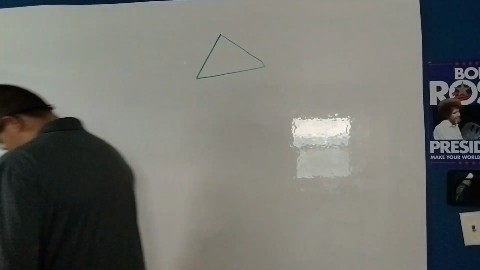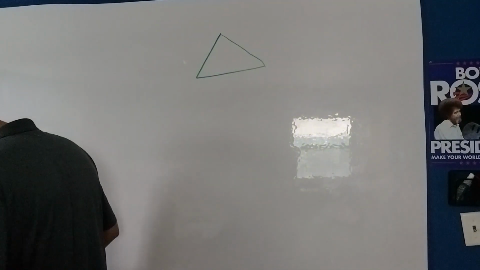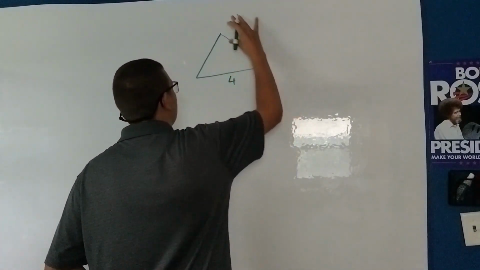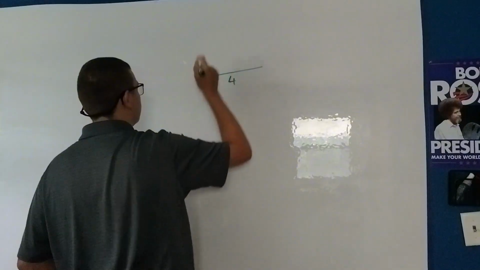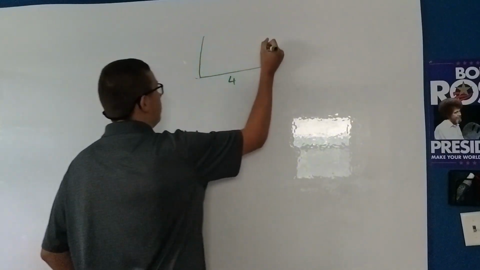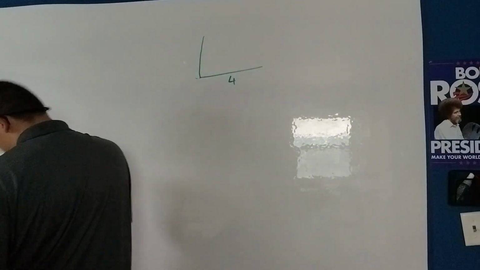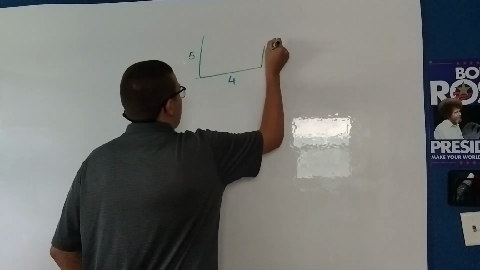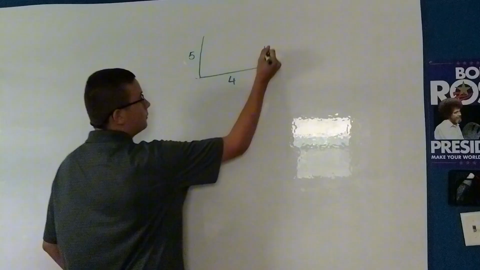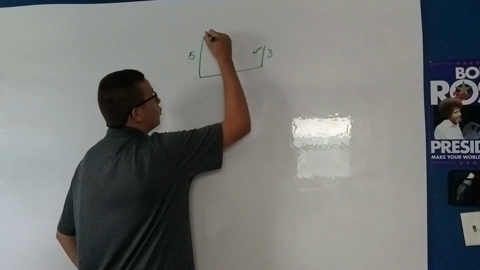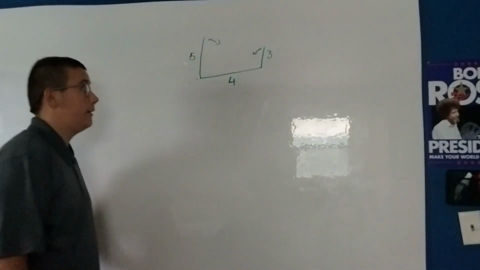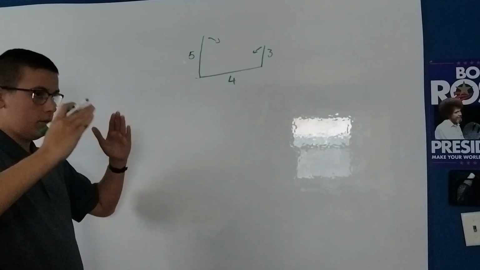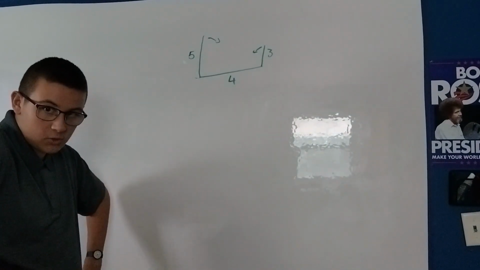But to get this point across, if we start with this base just being 4 units, and then we have our 2 upward facing sides like this. One will be 5, we'll call this 5, and that's 3. And as these both fall inward, do they touch each other, or are they not long enough to touch and they just keep swinging, right?